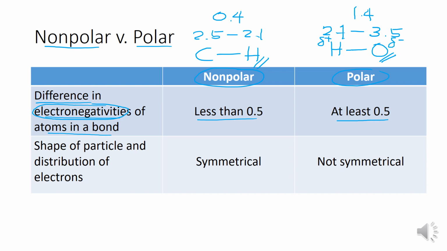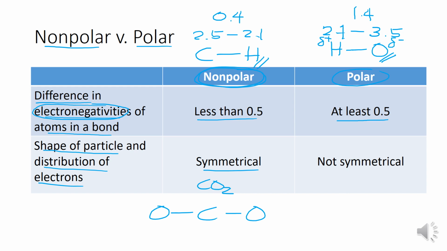Next, another factor we have to consider in determining whether a particle is polar or nonpolar is the shape of the particle and the distribution of electrons around the atoms making up the particle. If that shape is symmetrical, then the particle is nonpolar. For example, let's say we have carbon dioxide. The shape of carbon dioxide has the oxygen atoms positioned directly opposite each other.